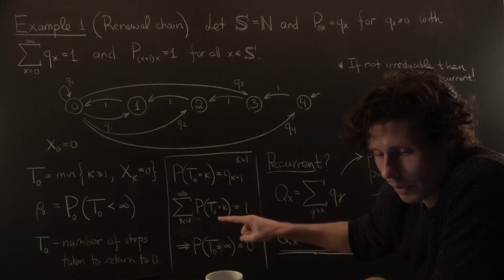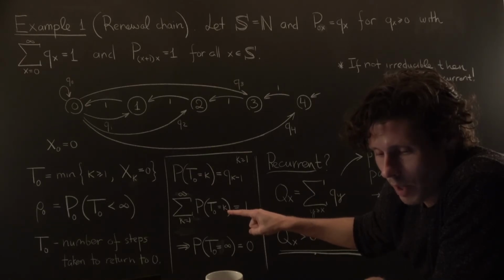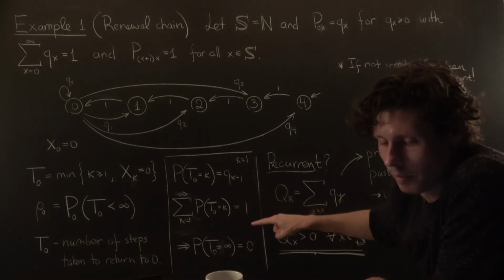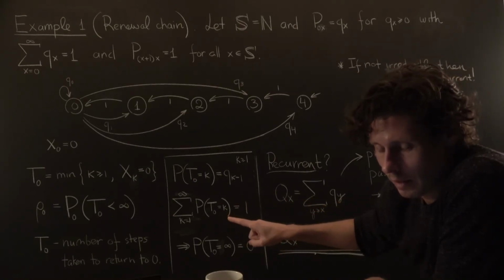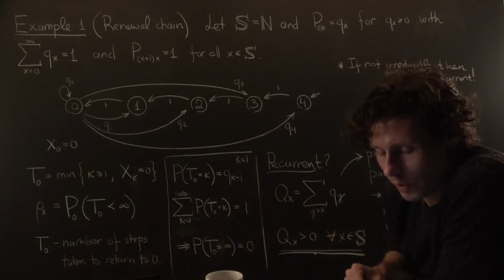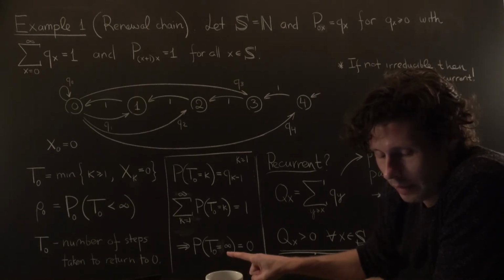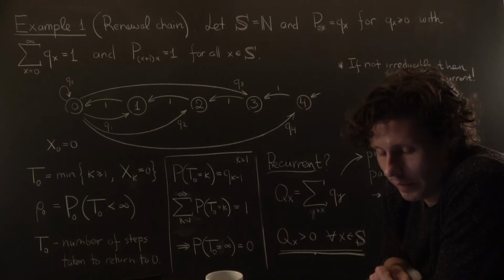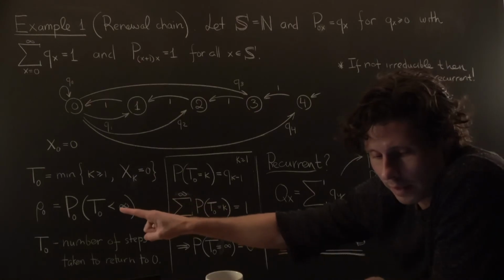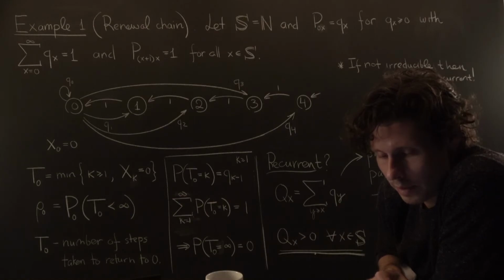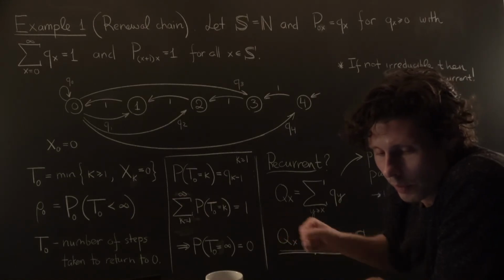If we're looking for all the values that T naught could possibly take, and we've enumerated them here, we've exhausted all possibilities because the final sum is equal to 1, and these sets are obviously disjoint. And so, in the end, we have to conclude that T naught actually equaling infinity is impossible, or rather has probability 0. And the fact that T naught is less than infinity is actually equal to 1.